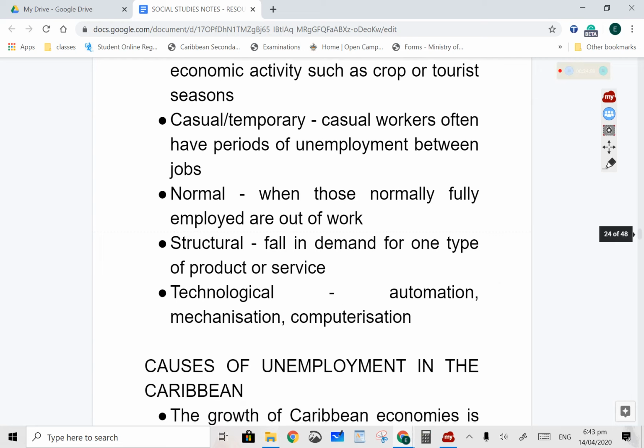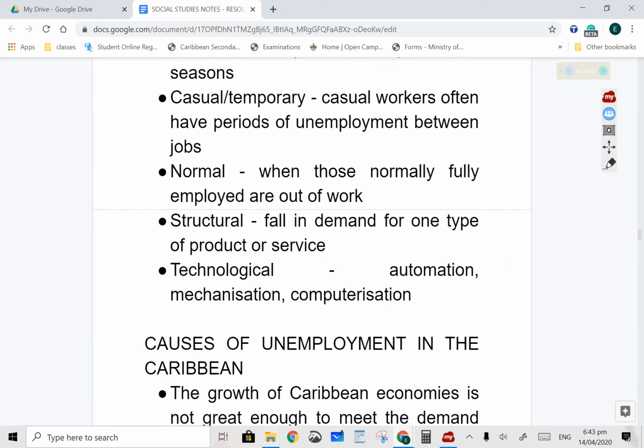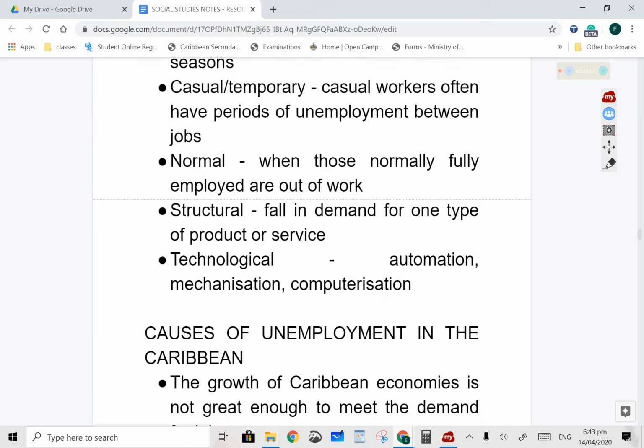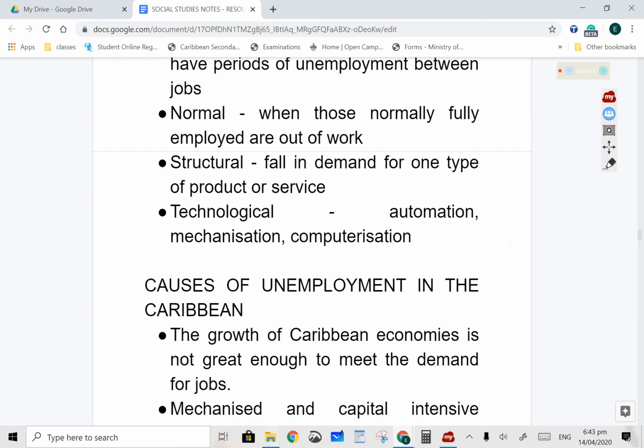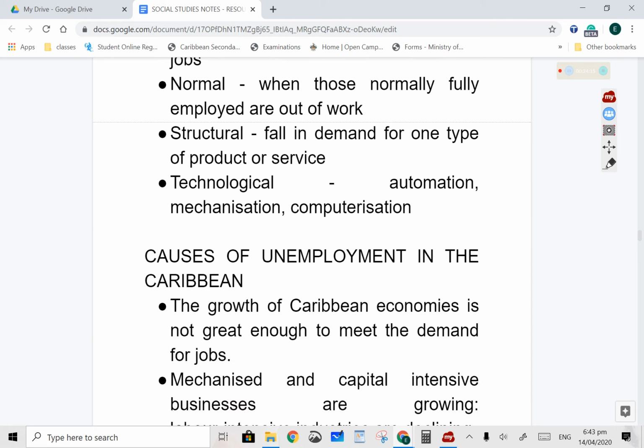Casual or temporary employment. Casual workers often have periods of unemployment between jobs. Normal, when those normally fully employed are out of work. Structural, a fall in demand for one type of product or service. Technological, automation, mechanization, computerization.